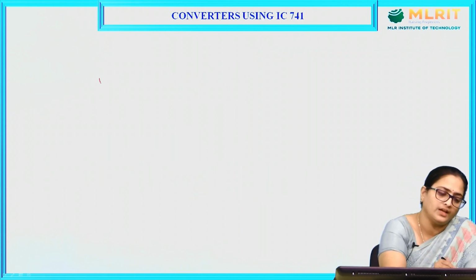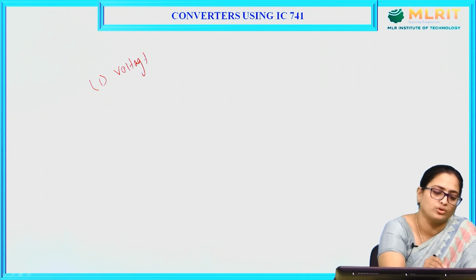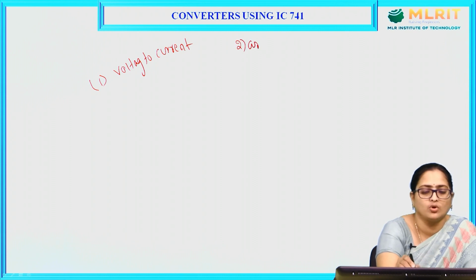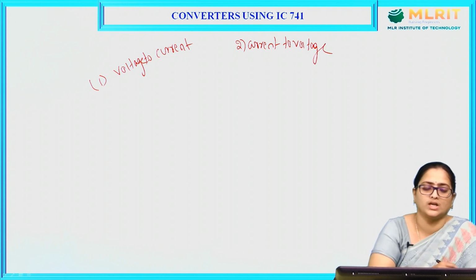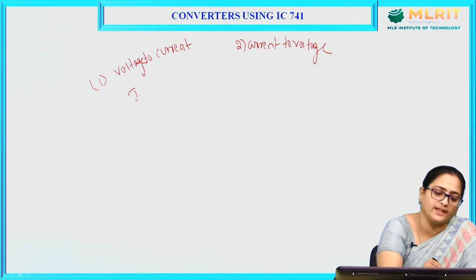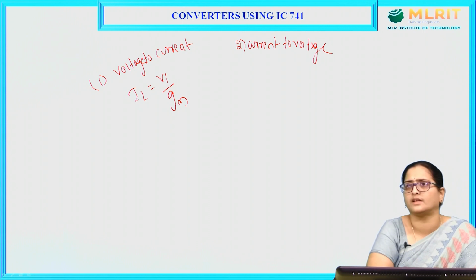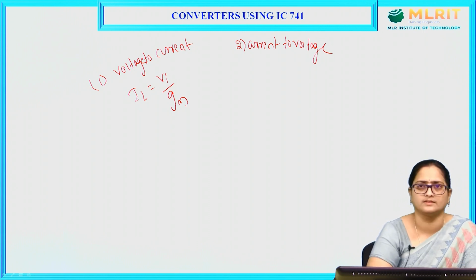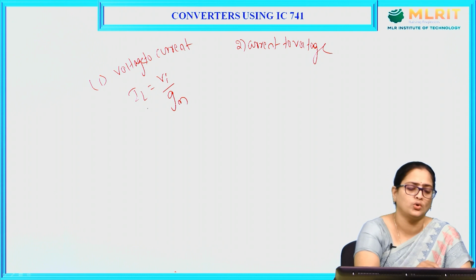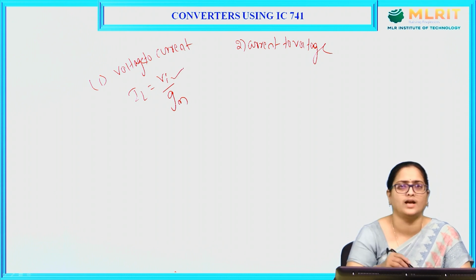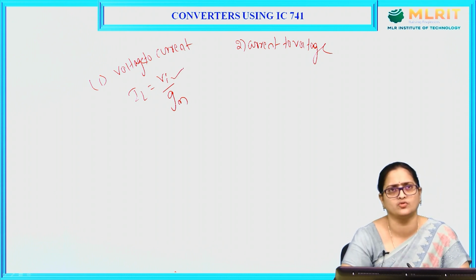Here we have discussed the voltage to current converter, and we also discussed current to voltage converters. For voltage to current converters, we have determined IL in terms of input voltage using the transconductance, so IL is equal to Vi by Gm.